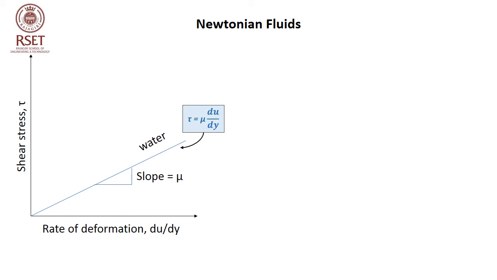If I take another fluid which also obeys Newton's law of viscosity, let this be oil. Can you just compare between oil and water? Here you can see in the case of water you have a smaller slope, but in the case of oil you have a bigger slope. That means the dynamic viscosity is higher for oil.